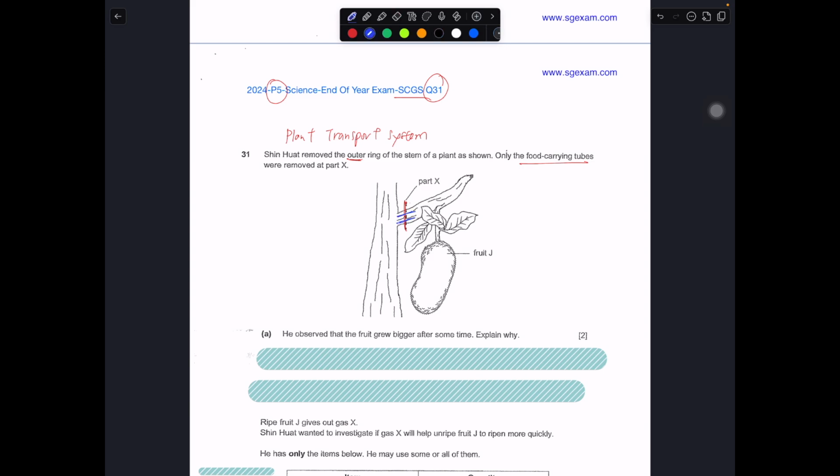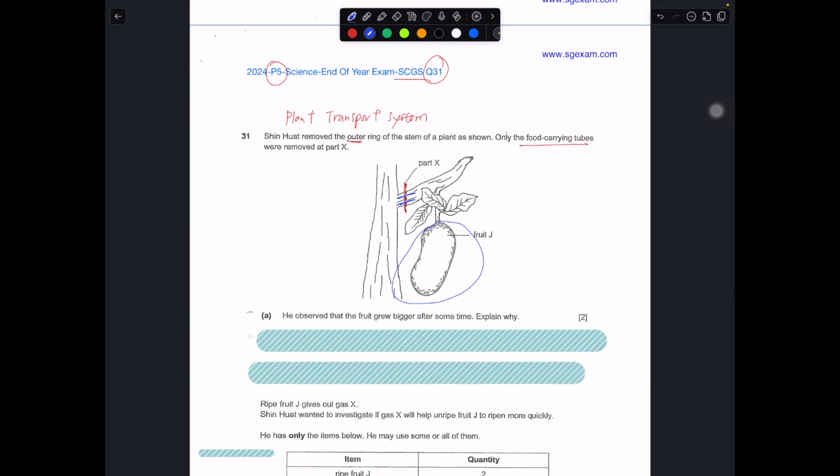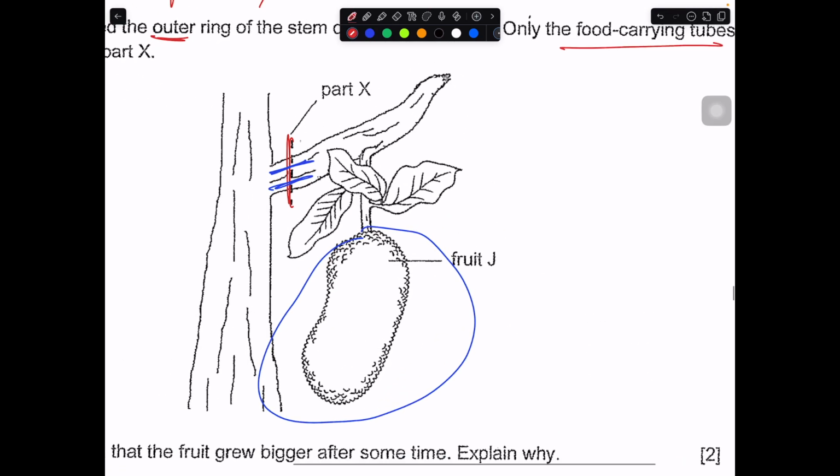Okay, so over here you observe that the fruit becomes bigger after some time. It's trying to tell you that when you remove this part, somehow the fruit becomes bigger. So what causes it to happen? Before he cut this part, there was actually food made by the tree leaf, transported to all parts of the plant, including the fruits.